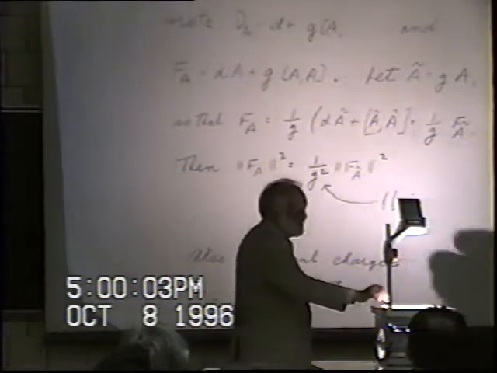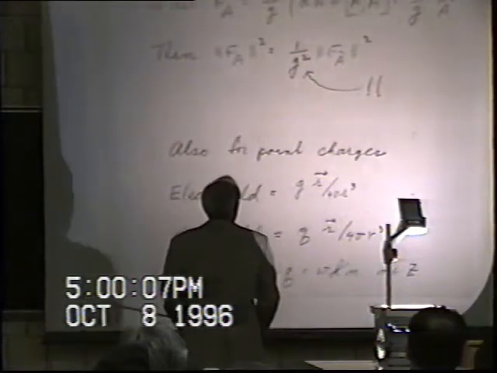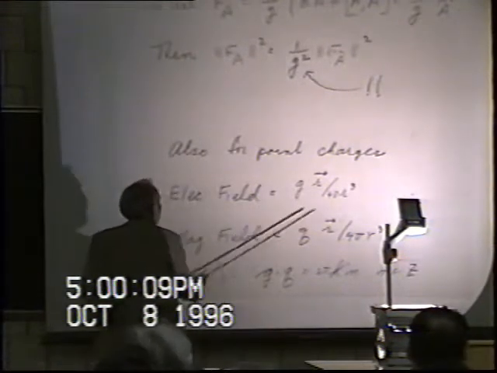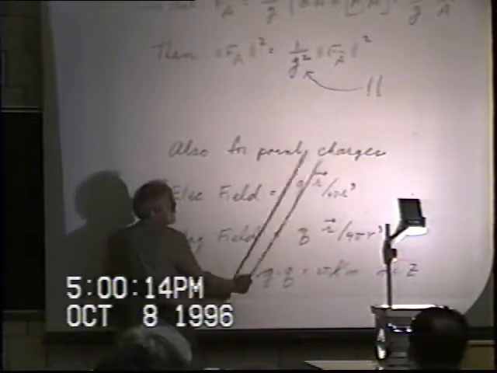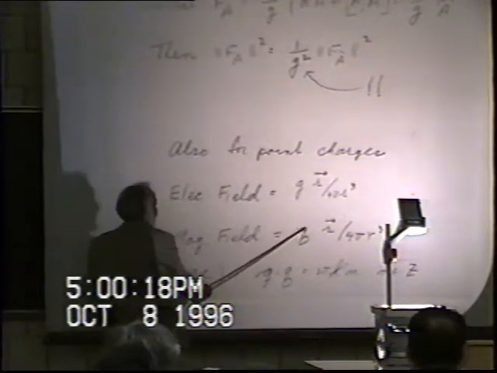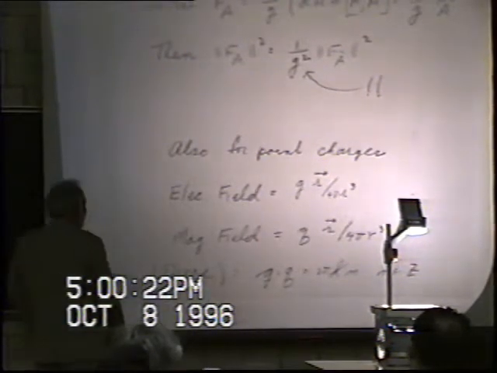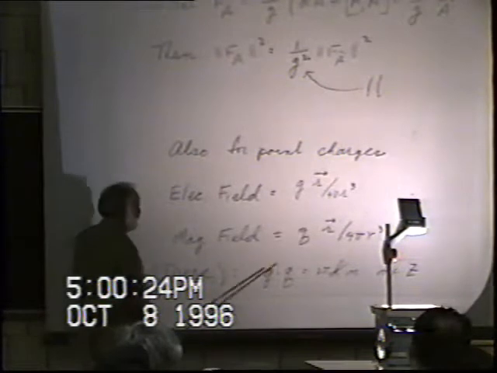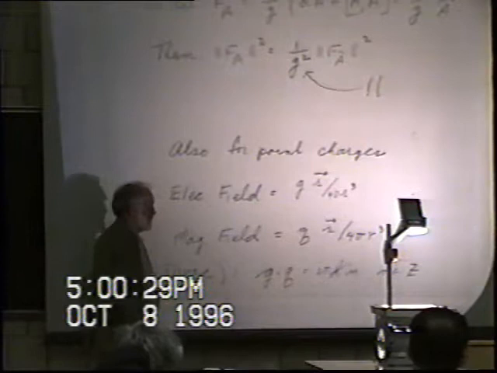There are other ways of talking about that G. So for example, for point charge, the electric field is whatever the electric charge is for that point times this vector, and the magnetic field is whatever the magnetic charge is times this vector. And the Dirac quantization condition is that the product of these should be 2 pi times an integer.